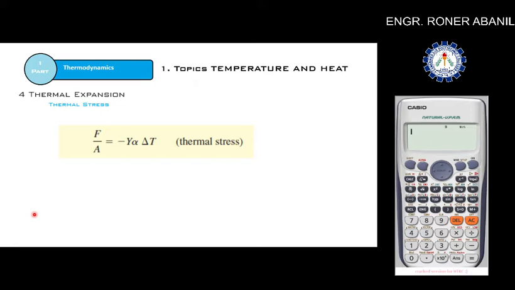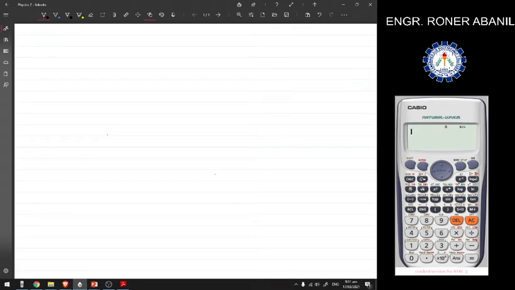So, yung thermal stress kasi is nangyayari, kung natatandaan nyo, yung last time na topic natin is thermal expansion. So, kapag meron tayong, kunwari, metal, isa tong metal, no?